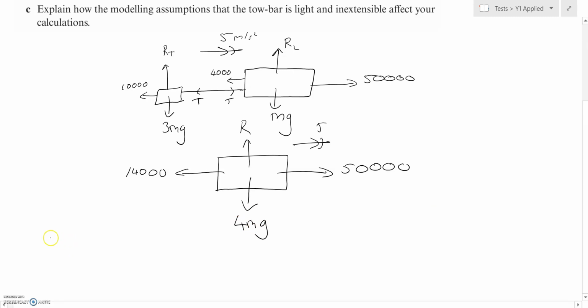So we're going to apply Newton's second law. Newton's second law is force is equal to mass times acceleration. So let's have a look. We're going to do our resultant to the right, and that's going to be 50,000 minus 14,000, because 14,000 is going to the left, and that's equal to the mass times the acceleration.